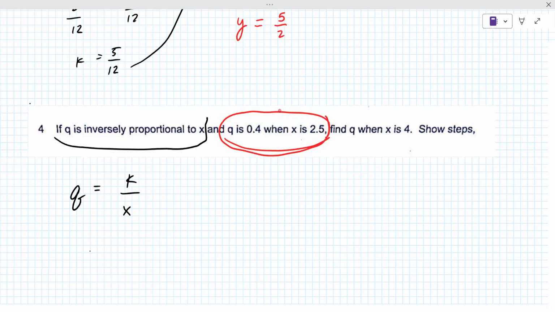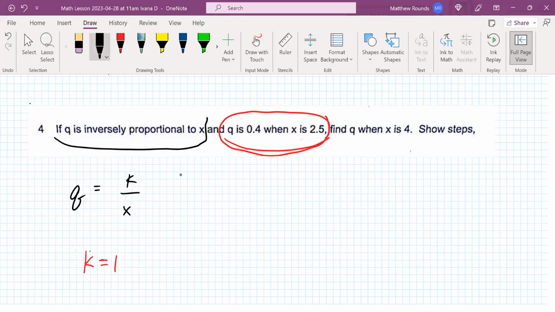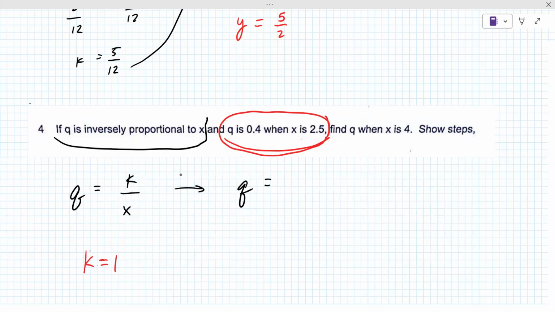So then I would multiply this side to 0.4, which equals, I'm using the calculator, 1. K equals 1. Very good. K equals 1. All right, so now you rewrite the equation. Q equals 1 over X.